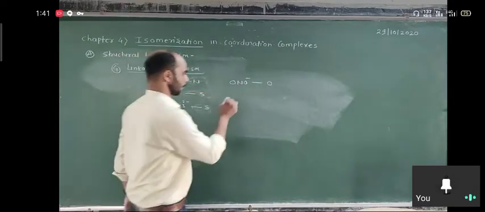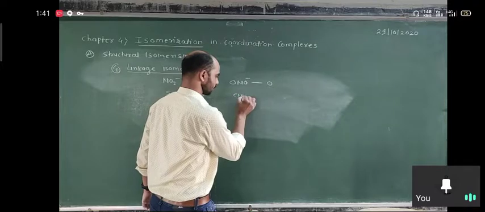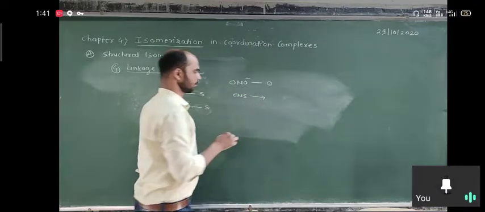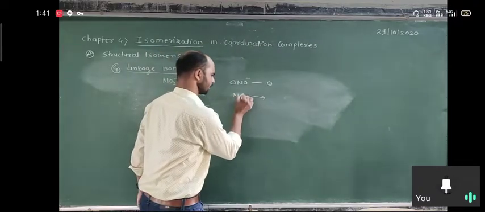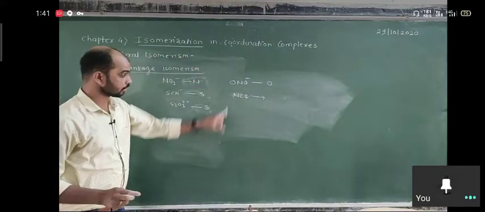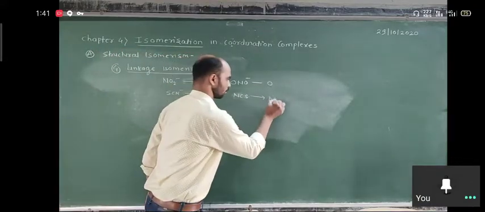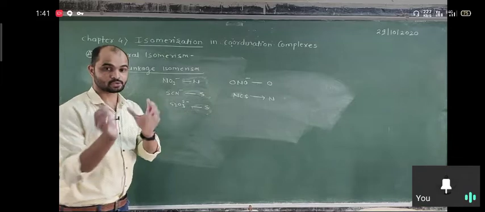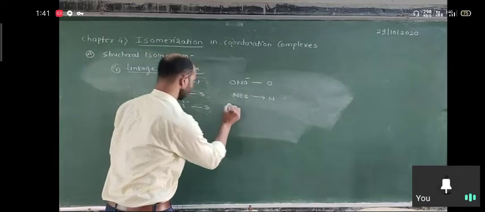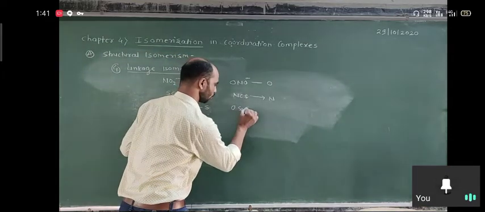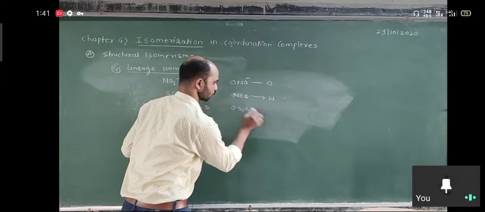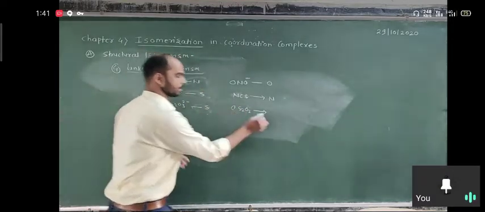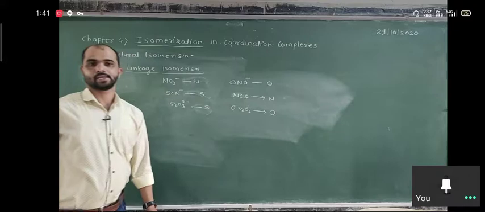If we write NCS, that means the nitrogen donates the electron. And if we write the thiosulfate group as S2O2 2 minus with oxygen bonded, that means oxygen donates the electrons.